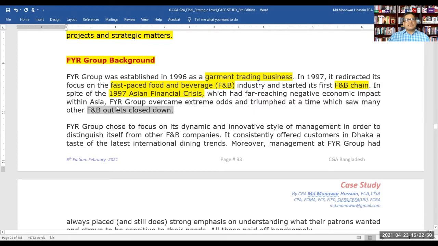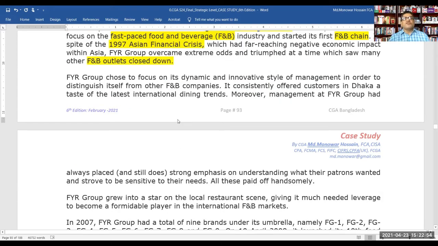FIR group chose to focus on its dynamic and innovative style of management in order to distinguish itself from other FB companies. So it is a specific different style. It consistently offered customers in Dhaka a taste of the latest international dining trends.